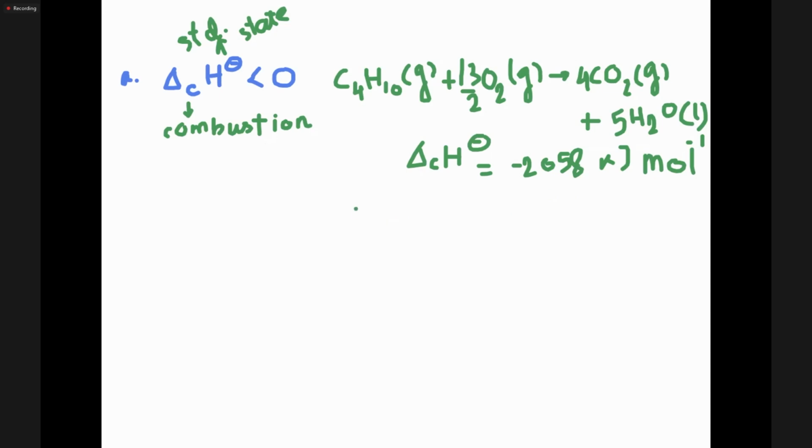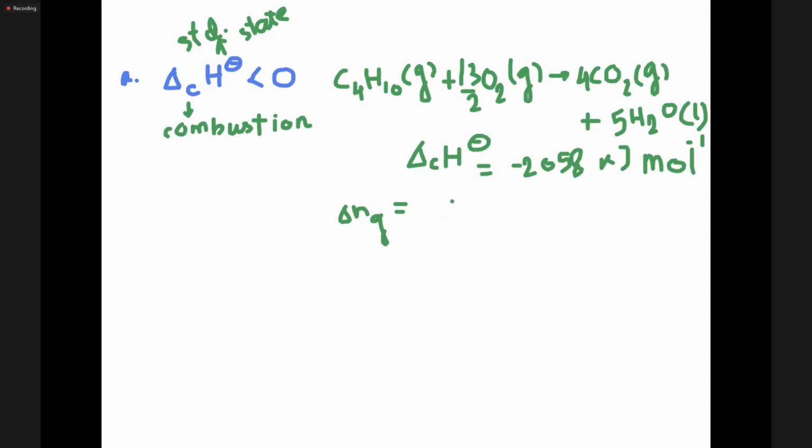Here, if we have to calculate the delta Ng value, we have to be a bit careful, because for calculating the delta Ng value, that is the change in number of moles of gaseous substances in the entire reaction mixture, we have to see that the three components are gaseous, but one is liquid. That's why we will omit that.